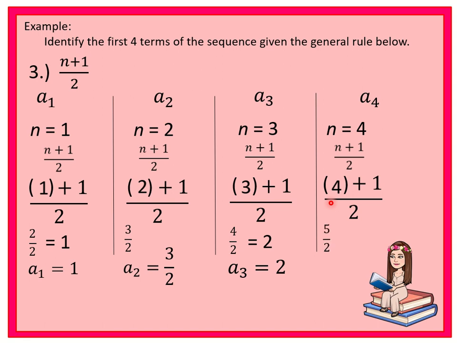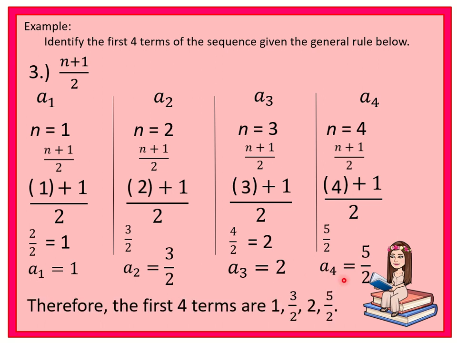May lowest term ba ang 5 over 2? Wala. Therefore, our fourth term is 5 over 2. So, meron na ulit tayong first, second, third, at fourth term. So, we can say that the first four terms are 1, 3 over 2, 2, and 5 over 2.